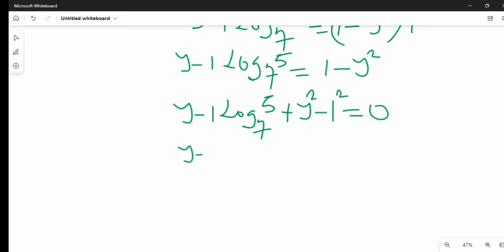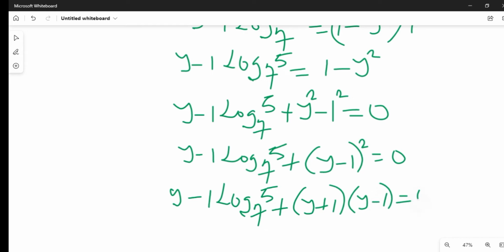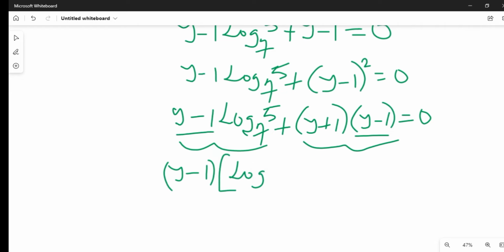So we'll have y minus 1 times log of 5 base 7 plus (y minus 1)(y plus 1) equal to 0, using the principle of difference of two squares. We simplify further: y minus 1 is common to these two terms. Taking the common part out, we have y minus 1 times the bracket log of 5 base 7 plus y plus 1, equal to 0.